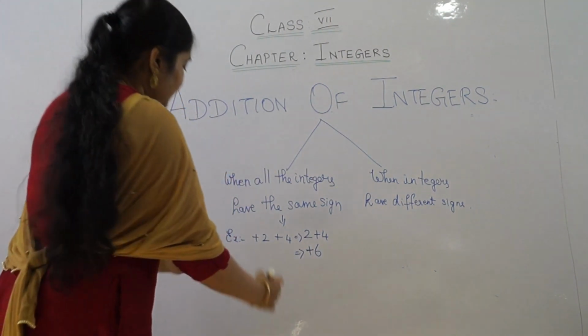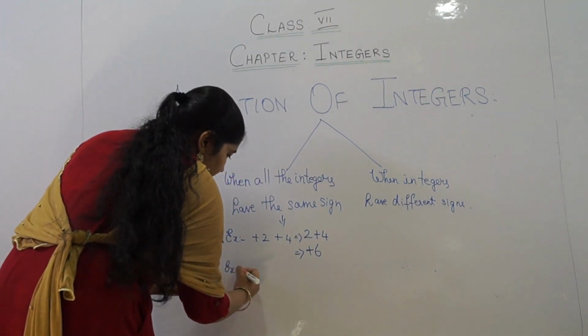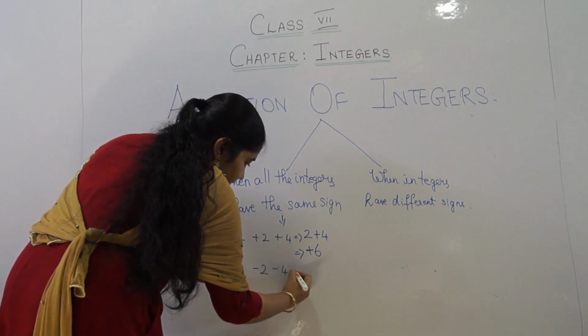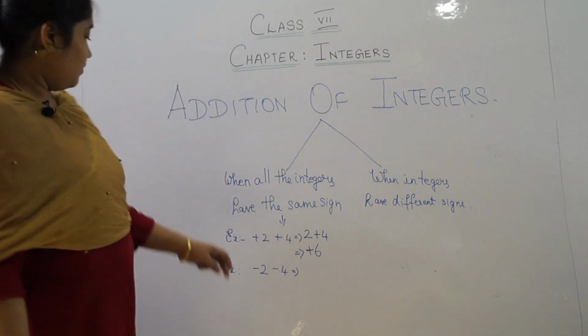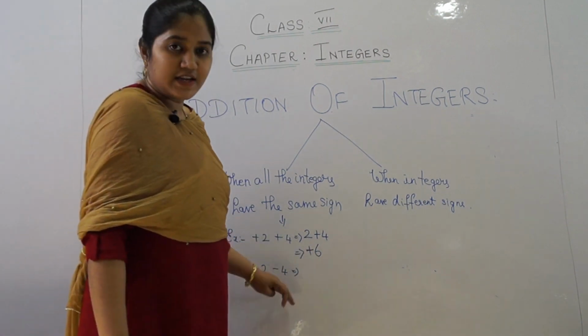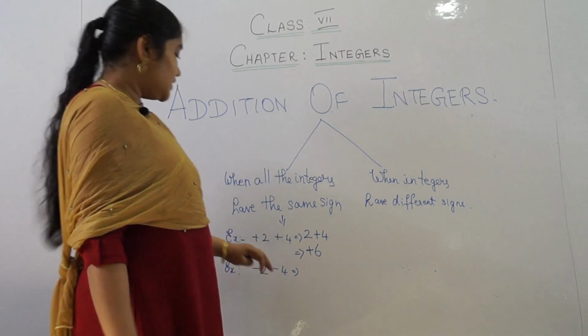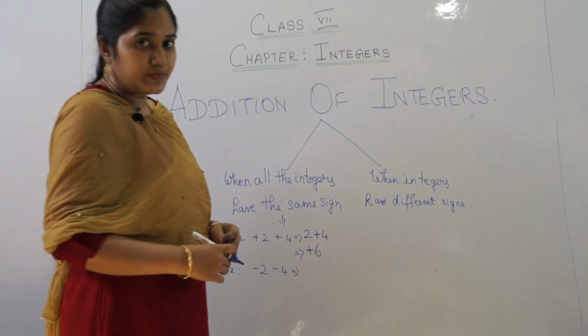Now similarly, another example with negative numbers. Suppose minus 2 and minus 4. Again, both my numbers have the negative sign, so this sign is common for both the numbers. So again, what am I going to do?